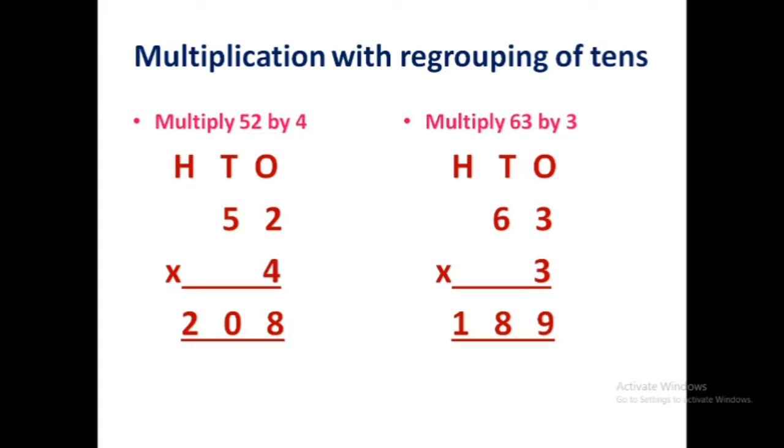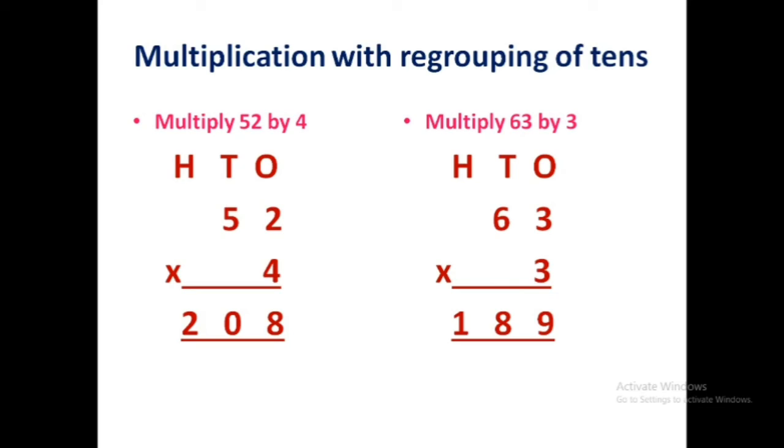First we have to write the numbers 52 into 4. Begin multiplication from the ones column. 2 ones into 4 is 8 ones. Write 8 in the ones column. Then multiply 5 tens and 4. 4 into 5 tens is 20 tens.